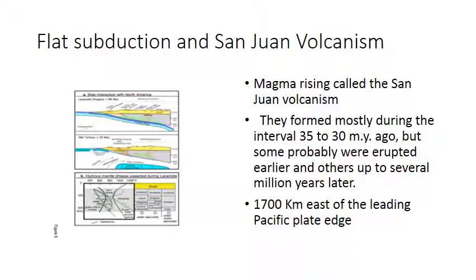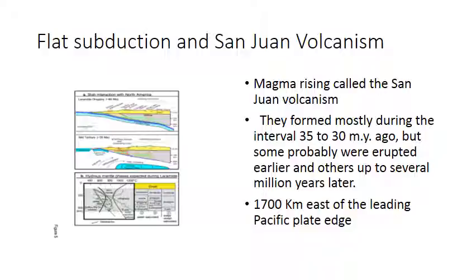The cooling of the plate and the removal of it from the base of the lithosphere created what was called the San Juan volcanism. This was a period roughly 35 to 30 million years ago.